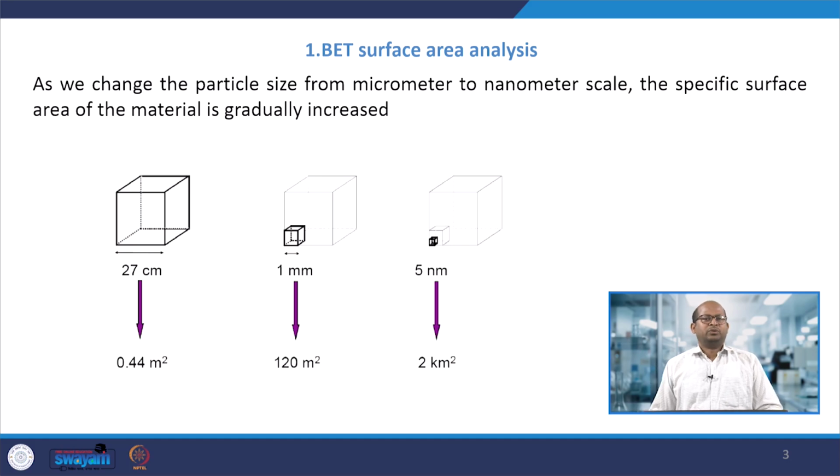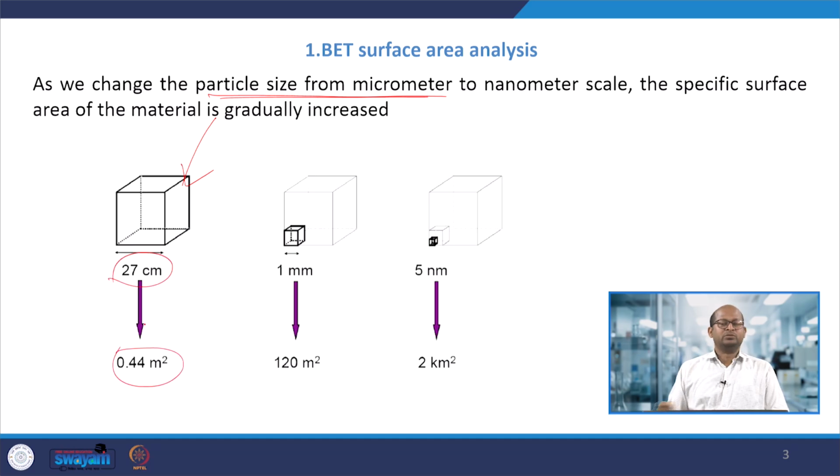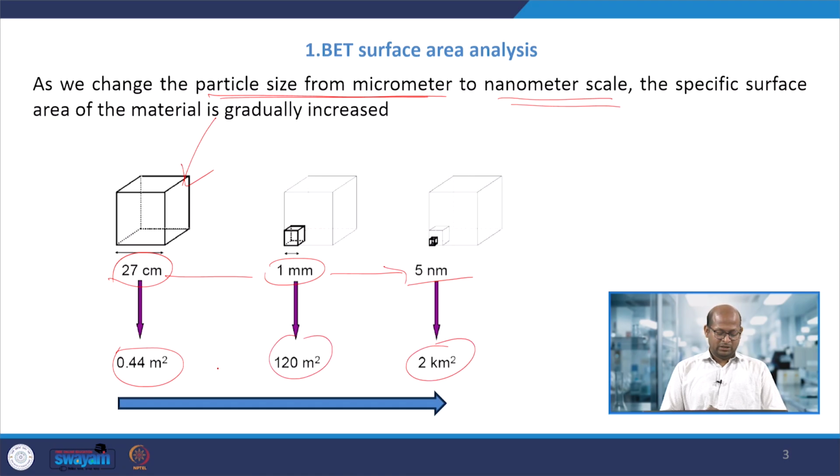Once we prepare materials with a very large particle size, in the micrometer range, the surface area would be very low. If we decrease the particles to nanoscale, from centimeter to millimeter to nanometers, the surface area gradually increases.